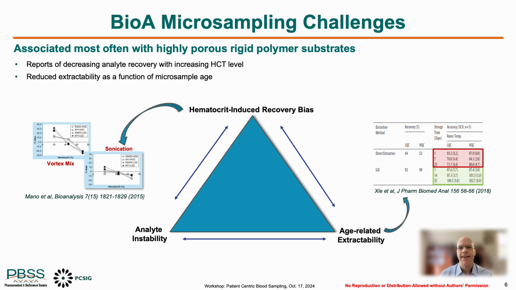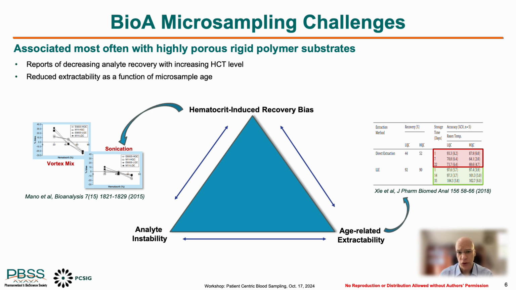That is, as the microsample ages, reduced analyte response is due to a loss in recovery and not due to actual instability. In which case, an alternative sample preparation workflow might be in order, as reported by Chi et al. from the Merck lab, where an initial direct extraction approach led to a 20% reduction in response for microsamples aged 7 days when compared to 24-hour storage.